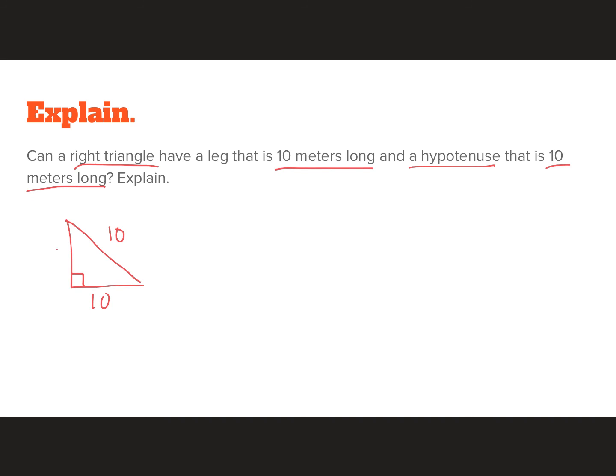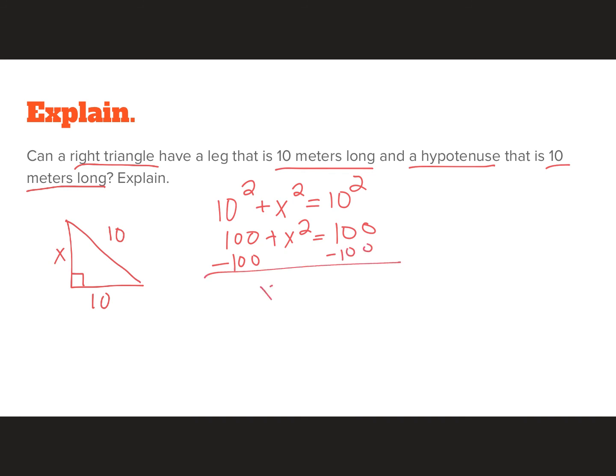Well, that would mean that this x over here could be, so I have 10 squared plus x squared equals 10 squared. So 100 plus x squared equals 100. So I subtract the 100 from both sides. I get x squared equals 0.